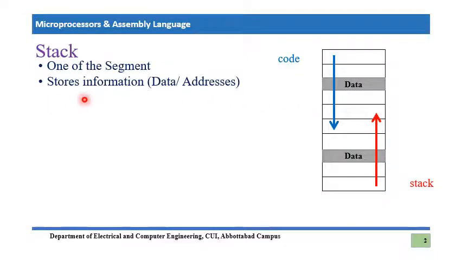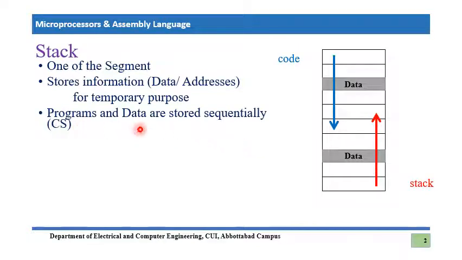Stack is used to store different information, which includes data and addresses, and both of these are stored just temporarily. Certain information is stored in the stack, and after some time it is retrieved back to its normal position or place. So what are those places? We are going to learn that in this lecture.